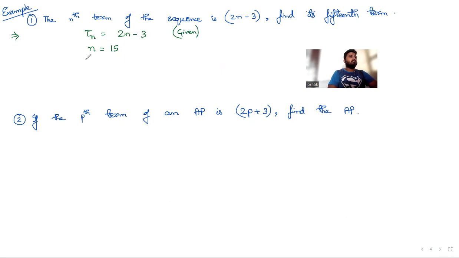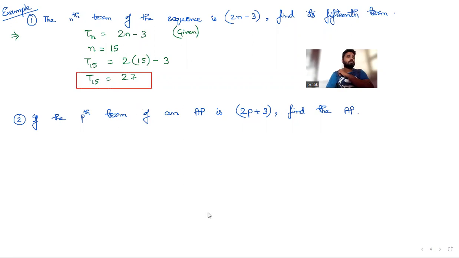T of n, you just have to substitute n as 15 in 2n minus 3. So that's nothing but 30 minus 3. So T15 is nothing but equal to 27. All right, correct? Understood? So this will be my T15 term.